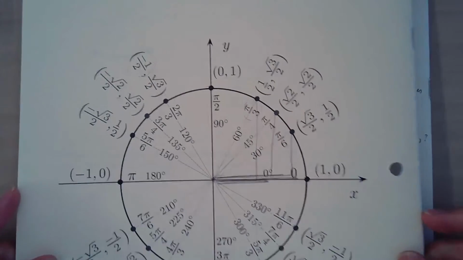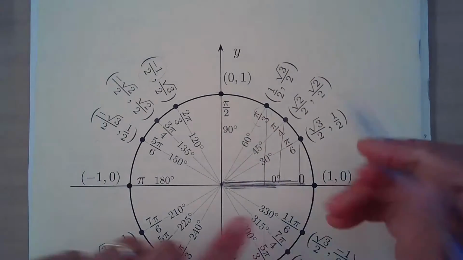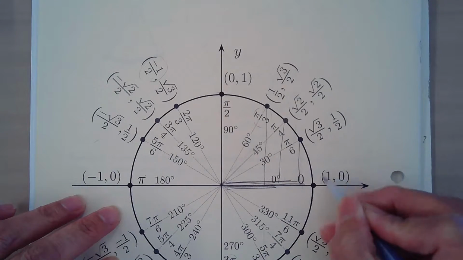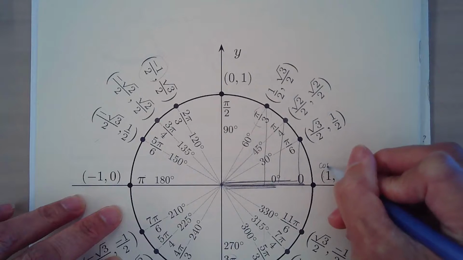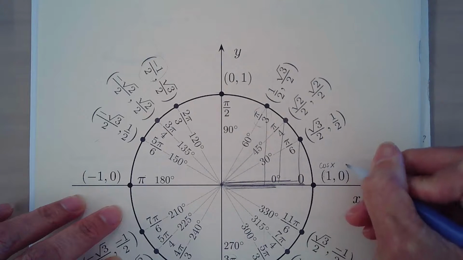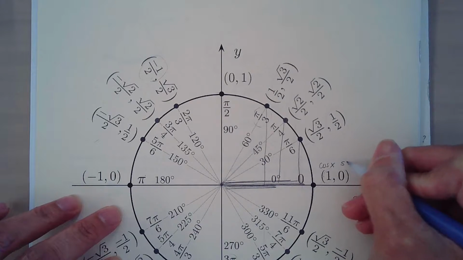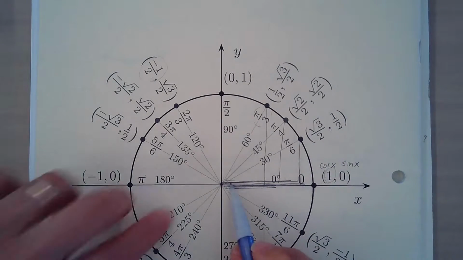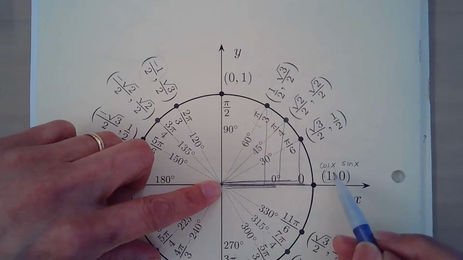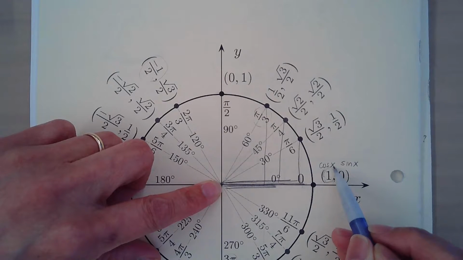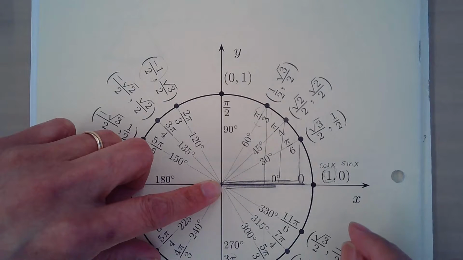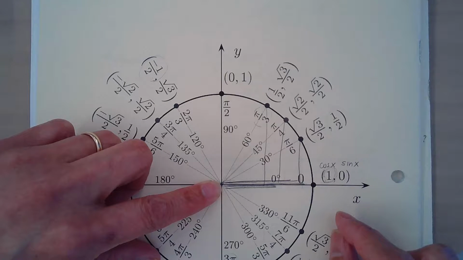I think somebody already said it, but I just want to pull it up. In this unit circle, the x coordinate is the cos of x, and this is the sine of x. So here at 0 degrees or 0 radians, cos of 0 is 1. So at what angle is cos 0?